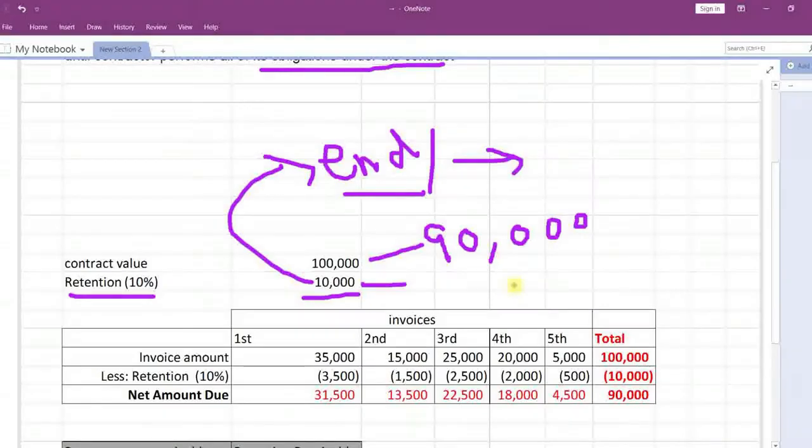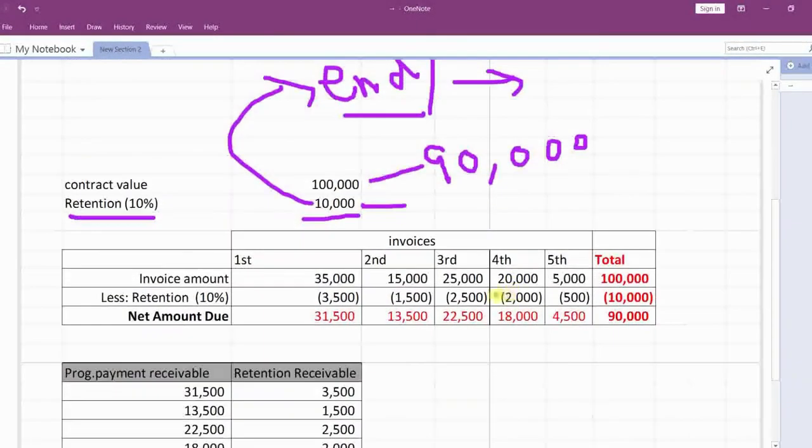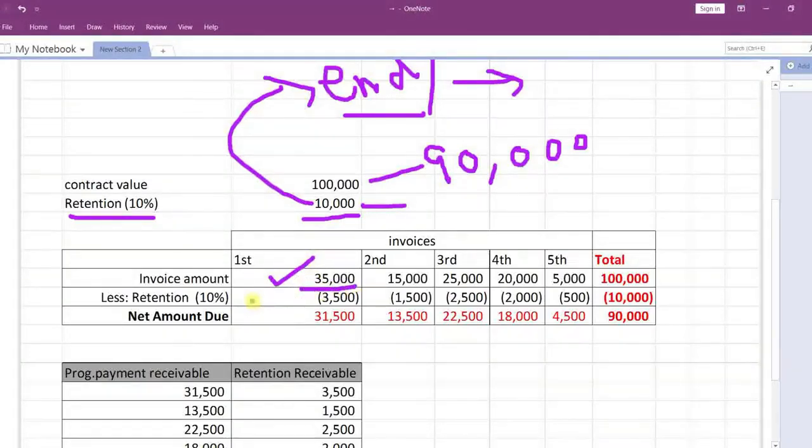Now let's see what happens when you first invoice. Suppose we have invoiced 35,000. You will have to reduce 10%, the retention amount, and 31,500 you are going to ask the client to pay you as per your payment terms, maybe 30 days, 15 days, or 25 days.